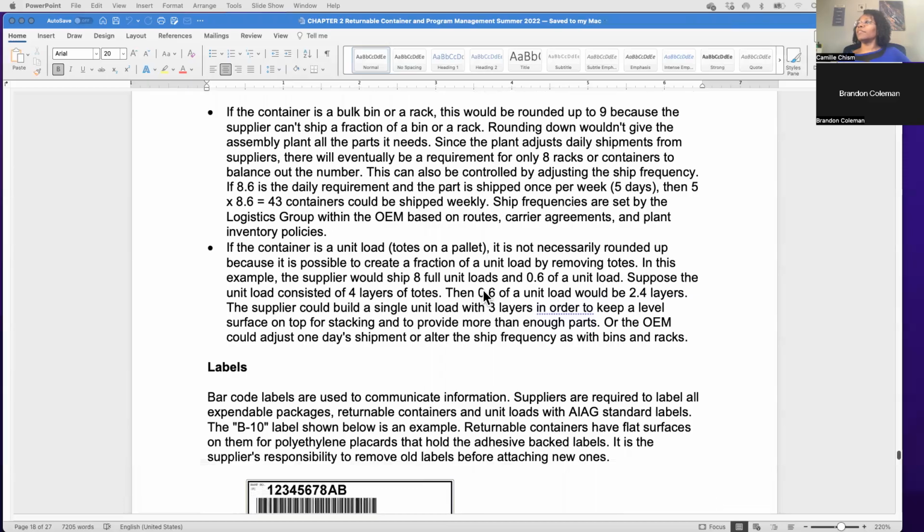Okay, so this one says if the container is a unit load, which means totes on a pallet, that it might not get rounded up. Most of the time it really would. It says because it's possible to create a fraction of a unit load by removing totes. Most of the time people don't do this, but it's possible.